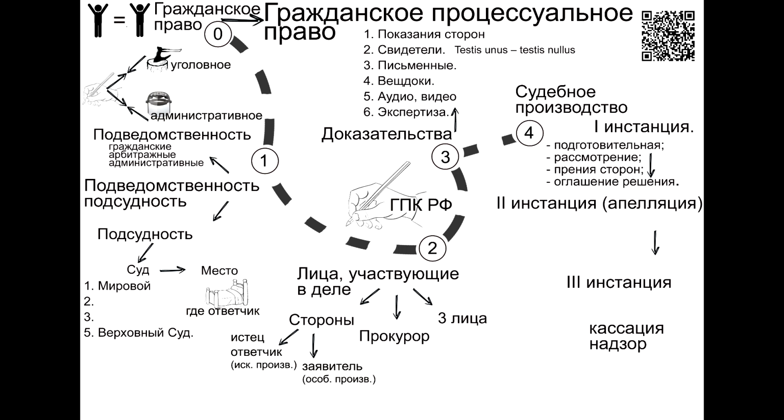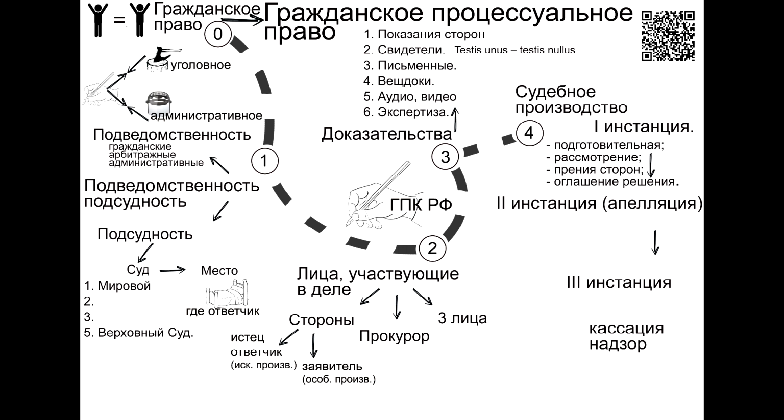The civil trial consists of 4 stages: preparatory, consideration of the merits, debate of the parties, decision and announcement of the decision. Preparation for the trial includes deciding whether to accept the claim, that is the application, or leave it without movement to eliminate shortcomings, or return it if they are not removed.